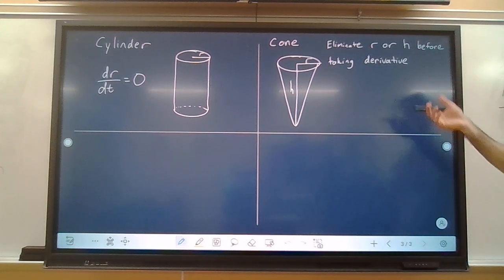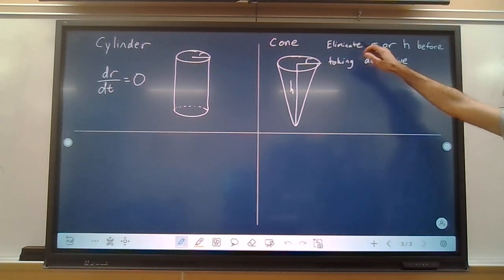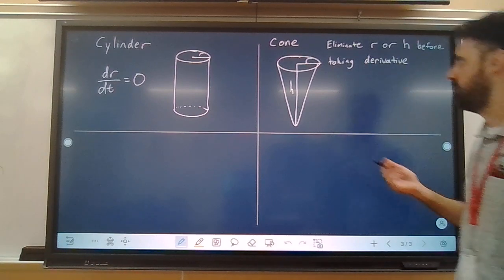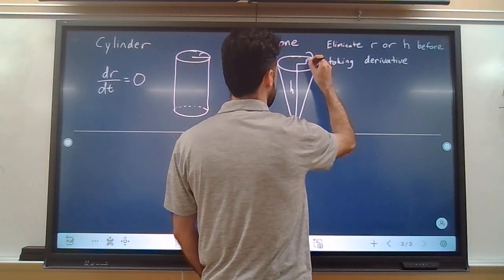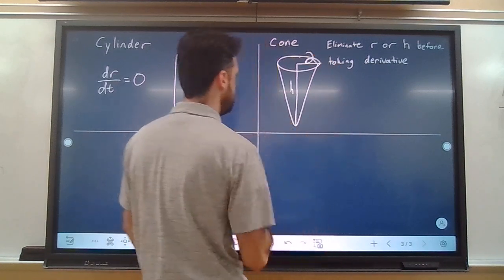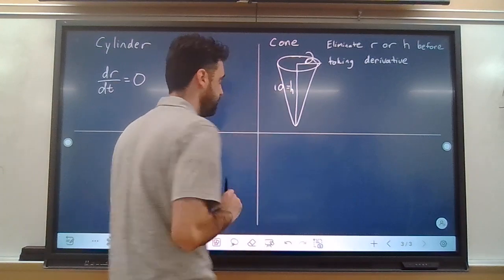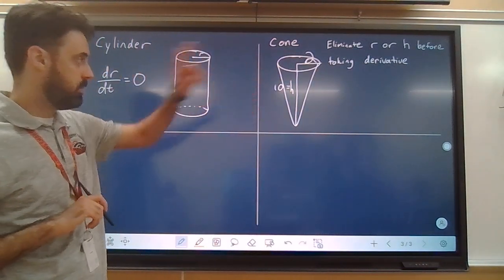What we have to do before we take a derivative is either eliminate the radius or the height from the equation. Let's say, for example, that we're told the radius is 2, and maybe the height is going to equal 10. Well, if that's the case, there are two equations I could write.